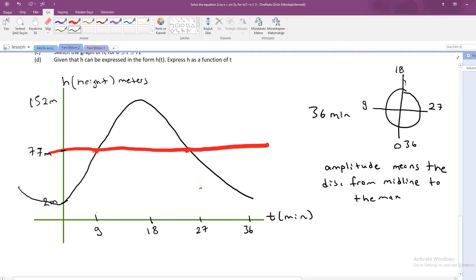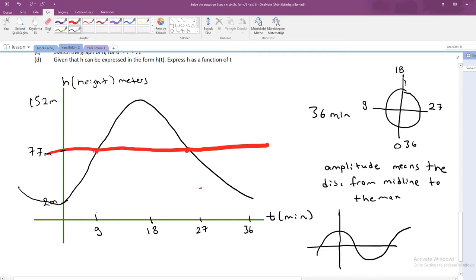So does this resemble something to you? If you look at the graph of cosine, let's remember it, for cosine, it was like this. You can see the wheel, right?